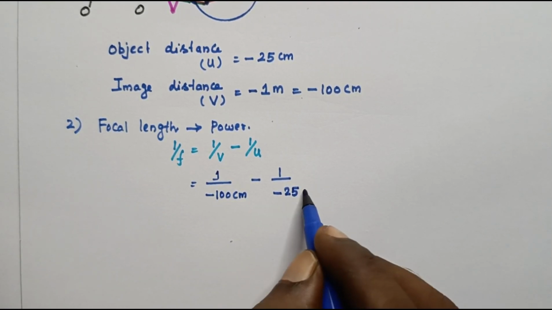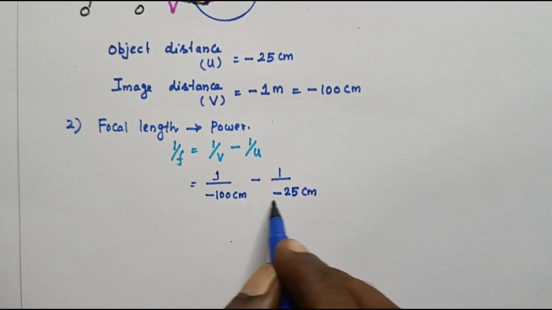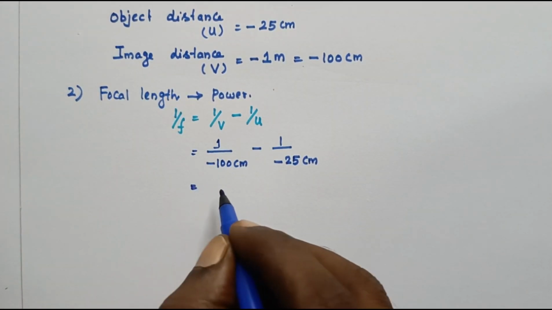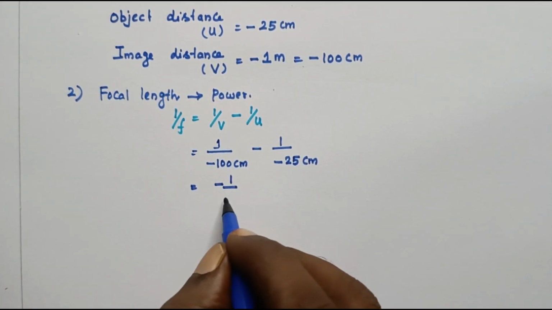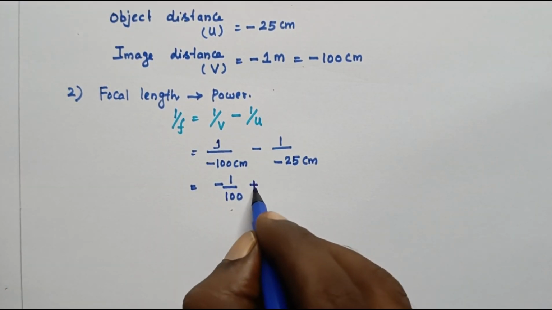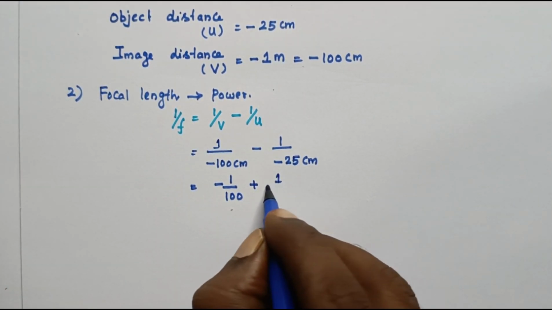All the values are in centimeter. Therefore, we will get the focal length in centimeter. This is equal to minus 1 by 100 minus of minus, plus 1 by 25.